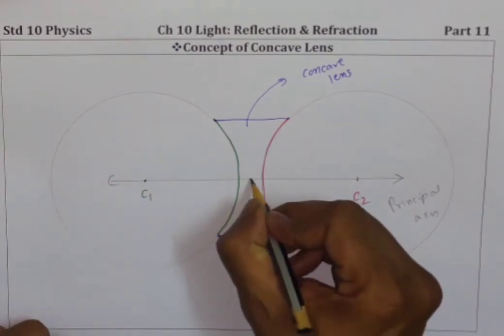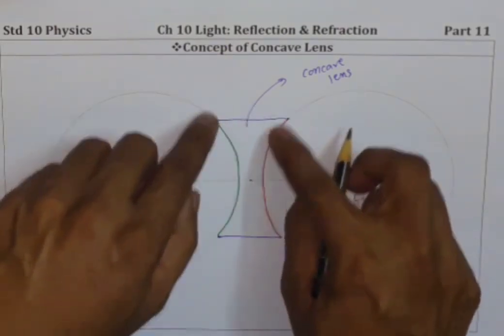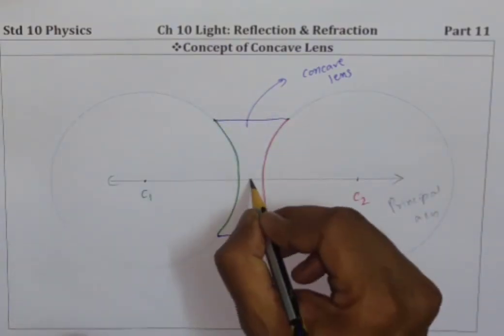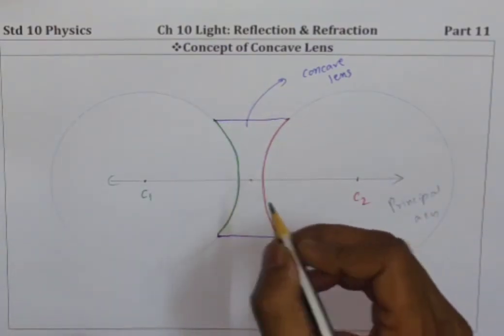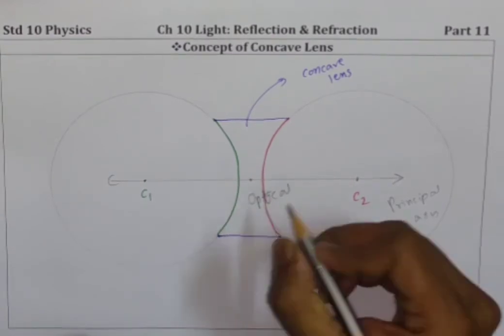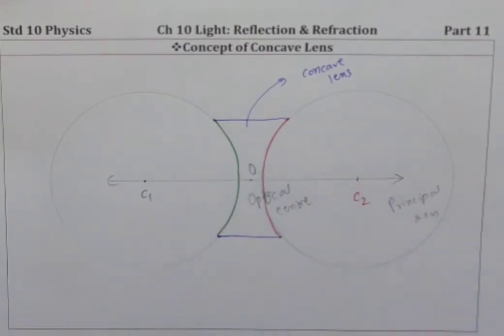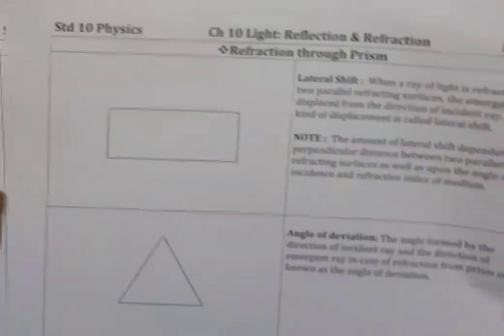Exactly in the center, on the principal axis, the concave lens has a central point, which is called the optical center. Its symbol is O. So I hope that is clear to you. Now we'll see what we learned today, children, in this session.